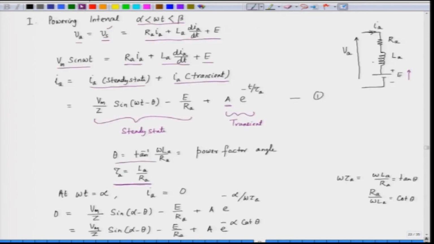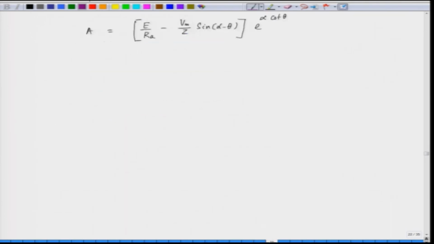So, we are trying to find the value of this constant A, so that we can substitute it to get the value of current, IA. This value of the constant can be obtained from this equation. Now, we go back and substitute this value in equation number 1.